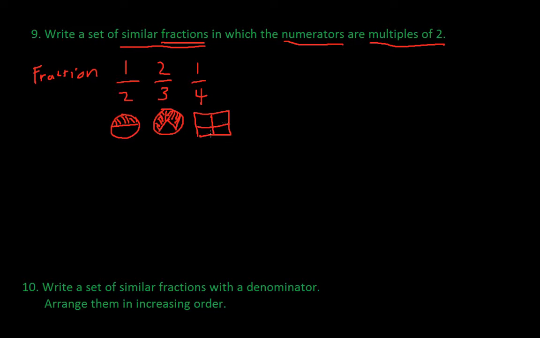So here's 4 parts, and if we have 1, that'd be 1/4. So the fraction's made up of two numbers, and the top number is the numerator, and the bottom number is the denominator.